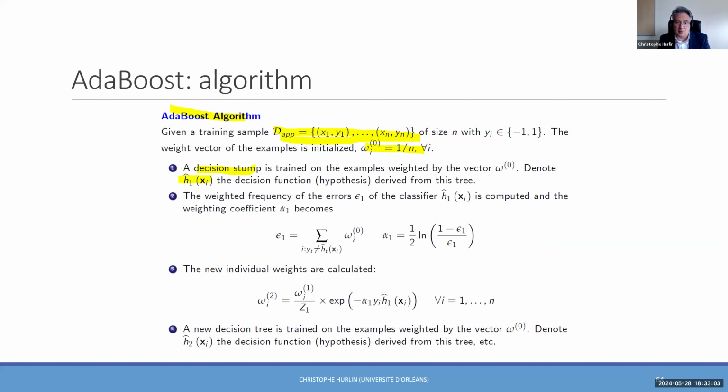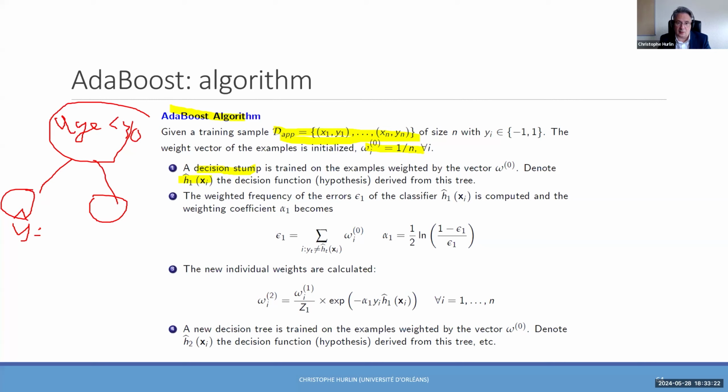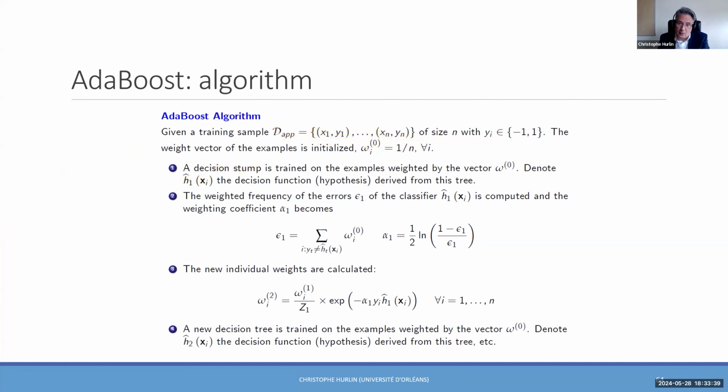So at this stage, the algorithm, for instance, takes age and a threshold, and then deduces two subpopulations. For instance, on the left, it predicts a default, and on the right, the model predicts no default. So this is the H1 model trained with a sample in which all the individuals have the same weight.